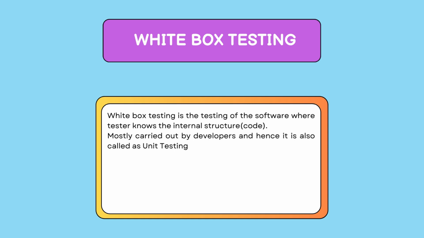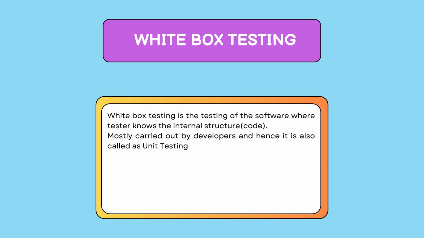This testing is generally performed by developers, that we know, and sometimes it is performed by the testers who know the internal structure. That is, whoever has the coding knowledge or the logic which is used in the particular feature of that software, they can perform the Whitebox testing. Here, same like unit testing, only the positive scenario would be applied.